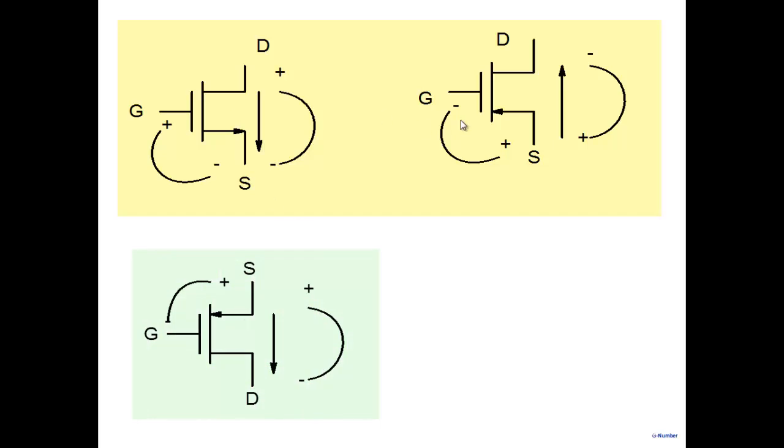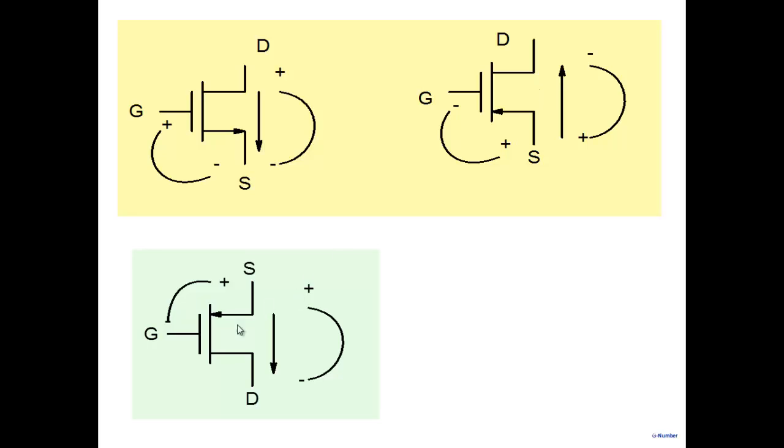Normally, NMOSs you will see drawn with drain up and source down. It's convenient: current is flowing down, the positive terminal is up and negative is down. So this is a convenient way in which we draw an NMOS. PMOS we can also draw like this, because if we draw like this, then the current is flowing up.